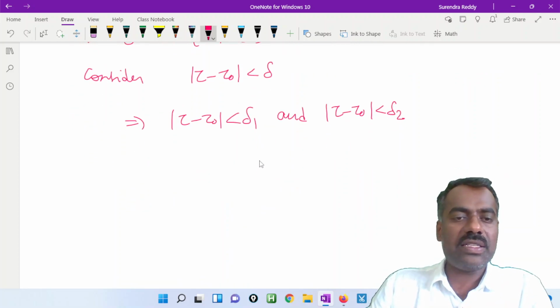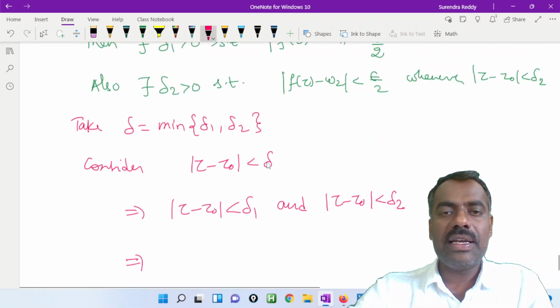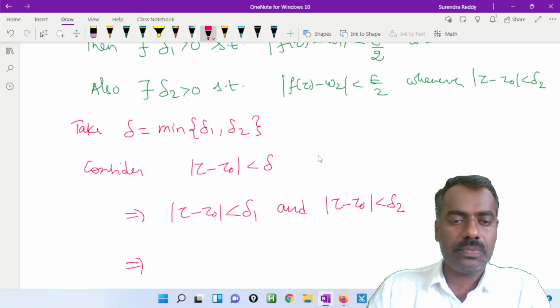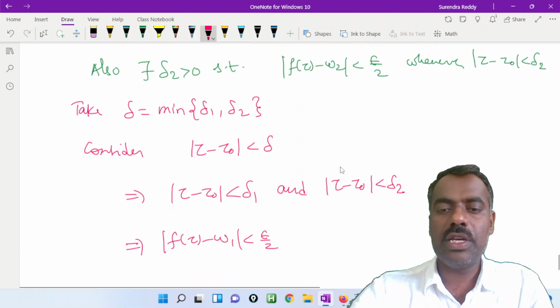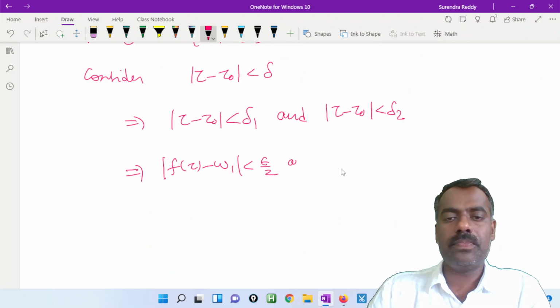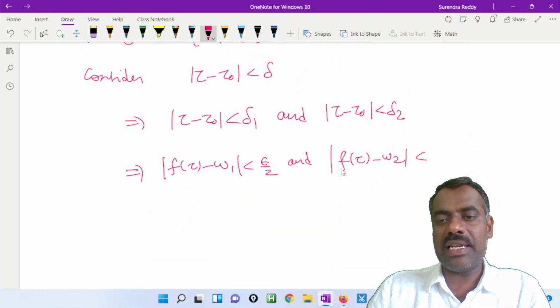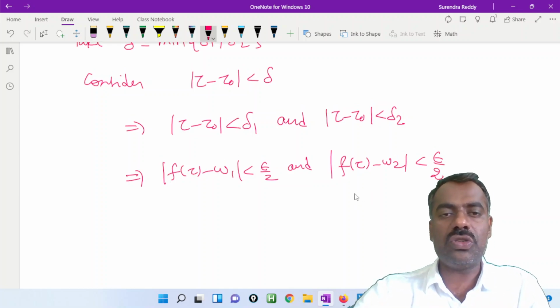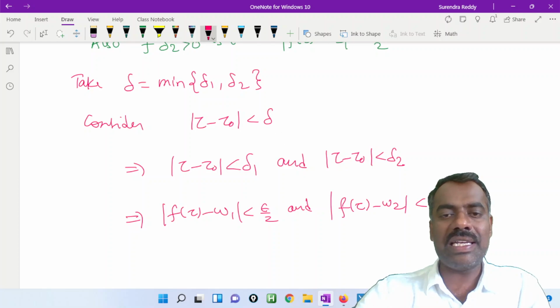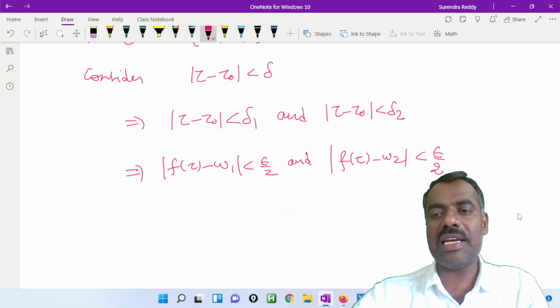So this implies mod f of z minus w1 is less than epsilon by 2 and mod f of z minus w2 is less than epsilon by 2. This is true whenever mod z minus z naught is less than delta. Is this clear?